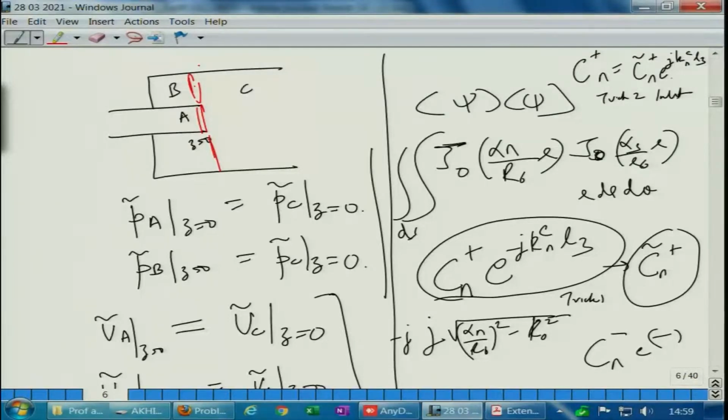So, there will not be any numerical problems, because when this is j, j into j square is minus, and minus k Cn L3. So, this will become an exponentially decaying term.